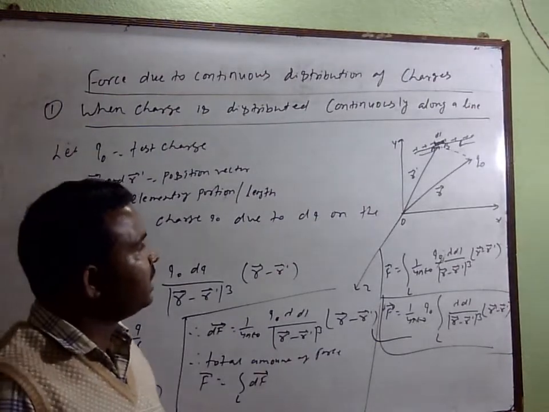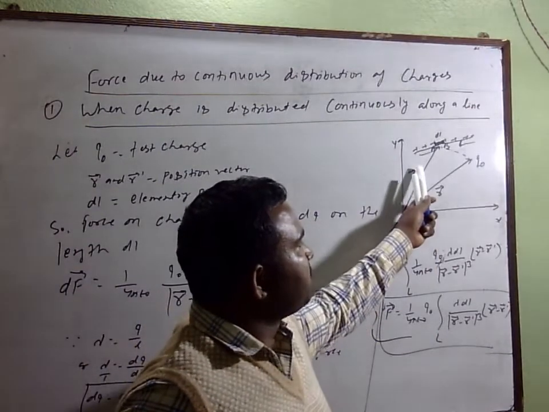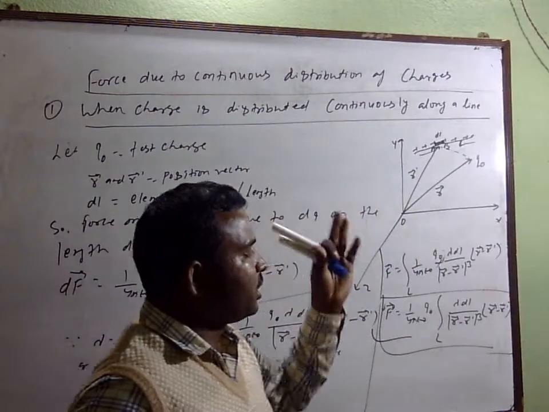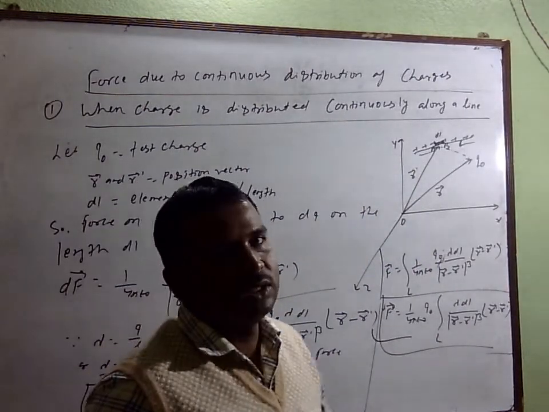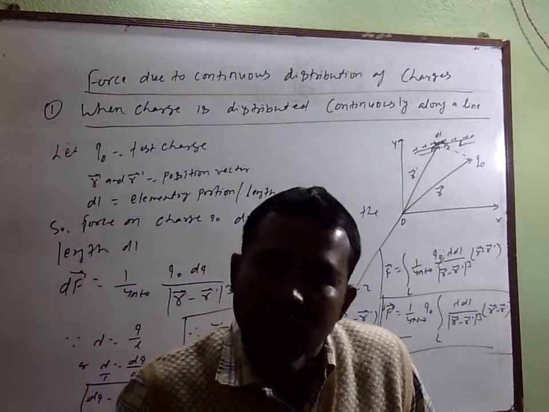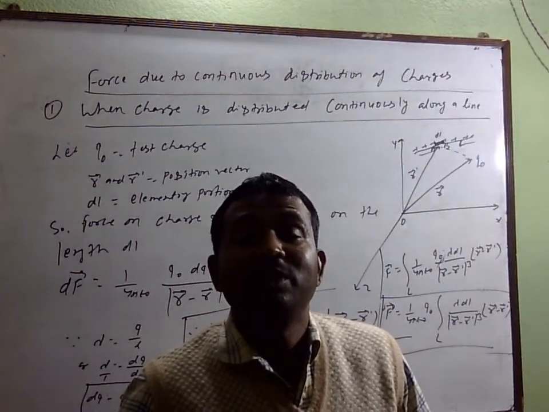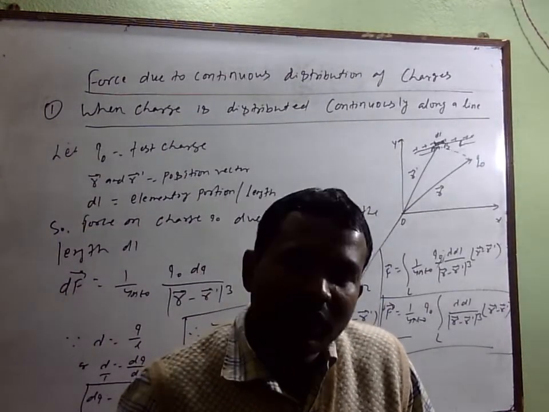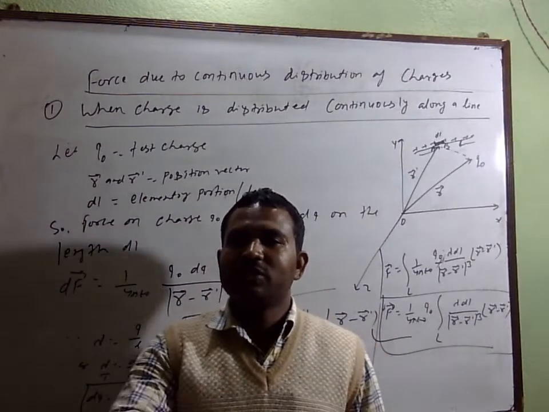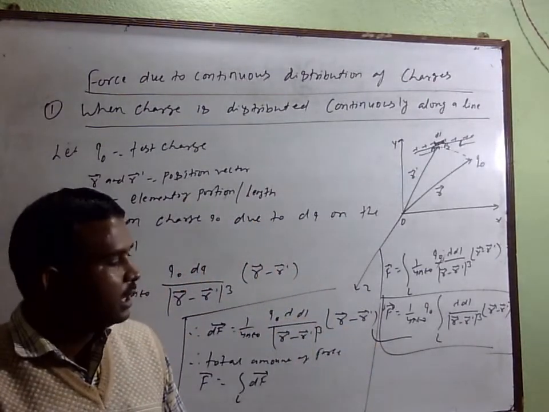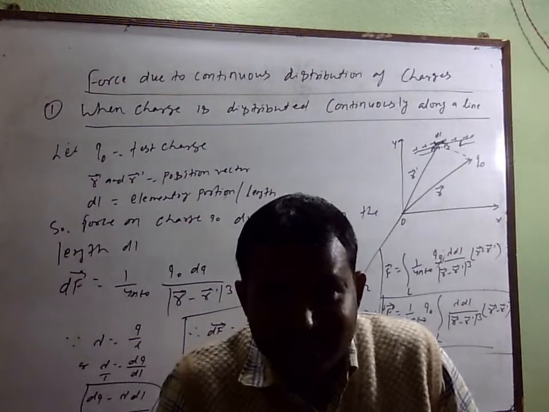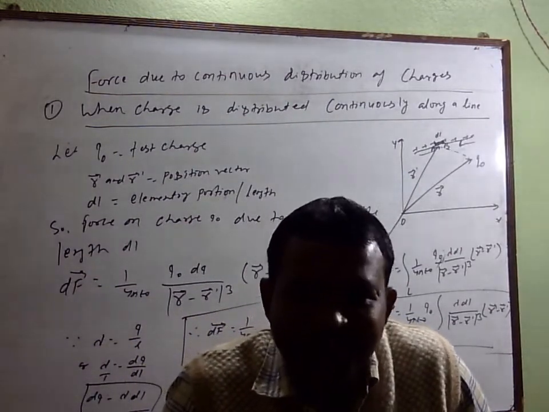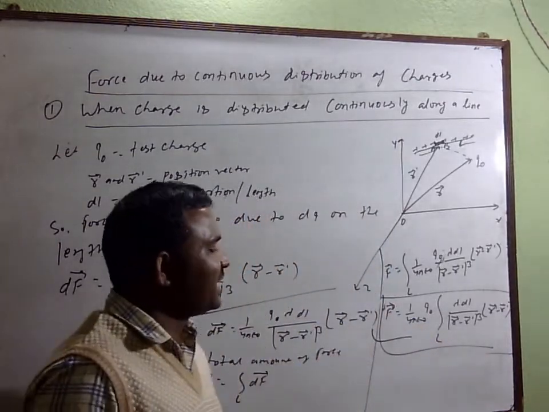Whenever we take the charge on a surface, in a similar manner you can take it, just like we have taken here when many charges are distributed over a line. We will take these one by one, but in the next class we will take the case where so many charges are distributed over a surface.